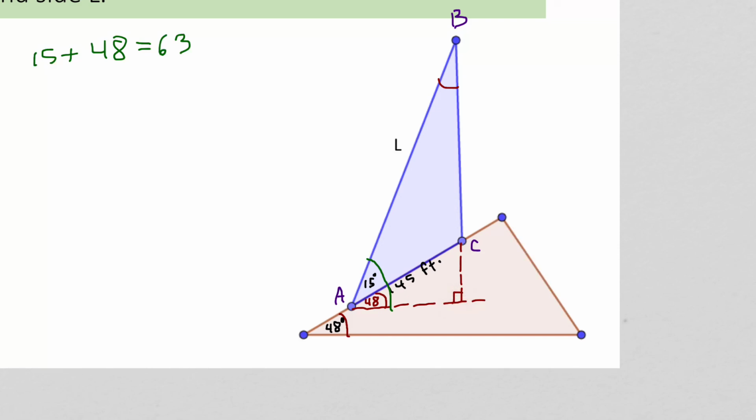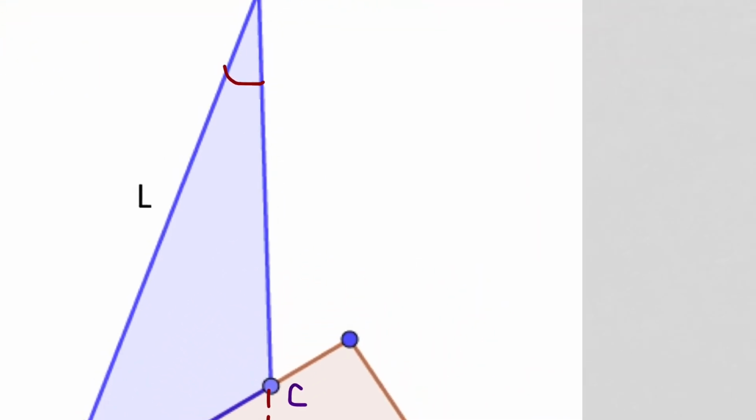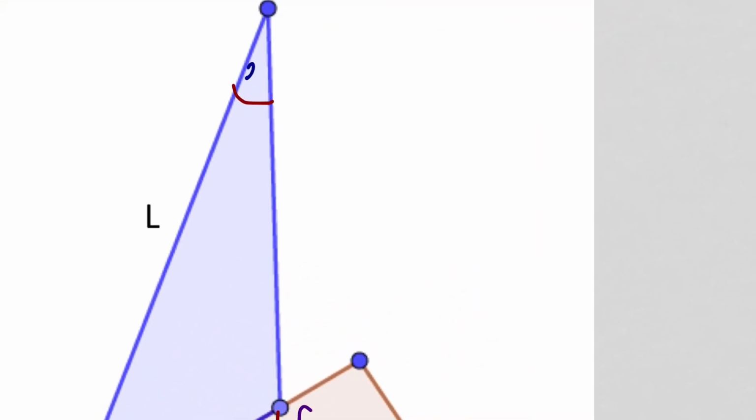So 180 minus 90 minus 63 is going to give you that angle. I type it in and I get 27 degrees. So this angle right here is 27 degrees.